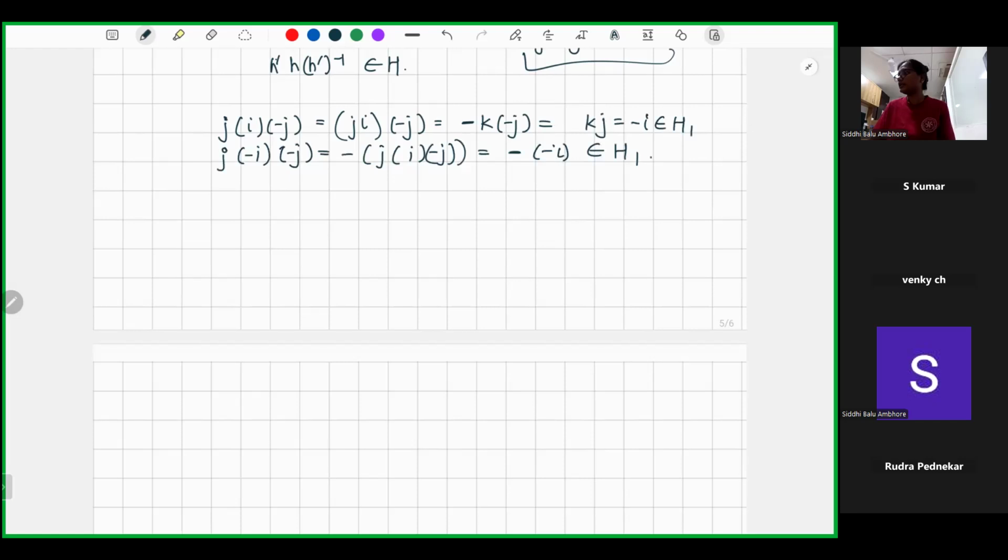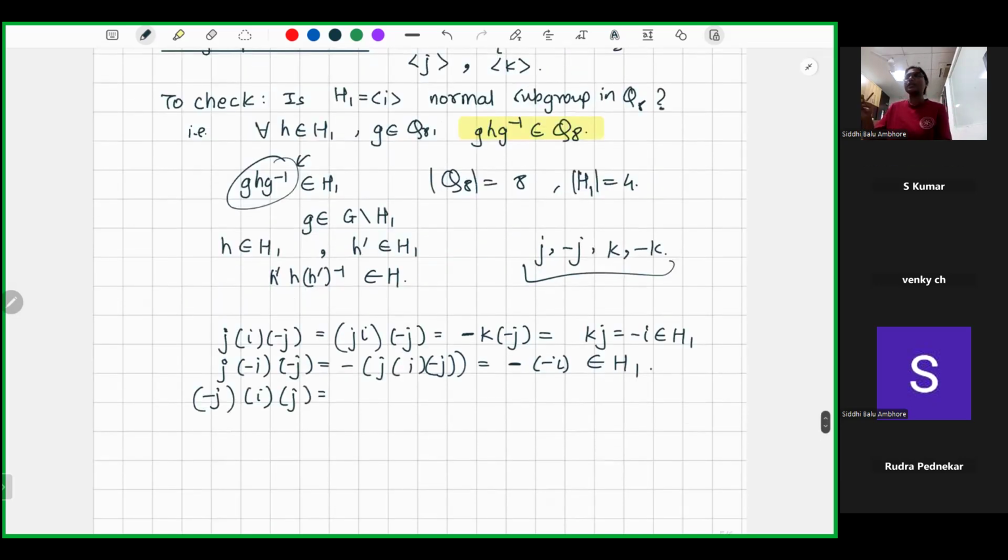Now similarly, again, if I take this minus J, I and J, note that inverse of J is minus J, because J square is minus 1.